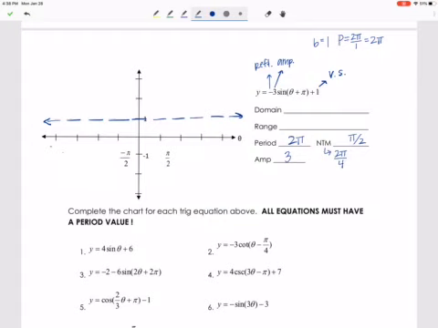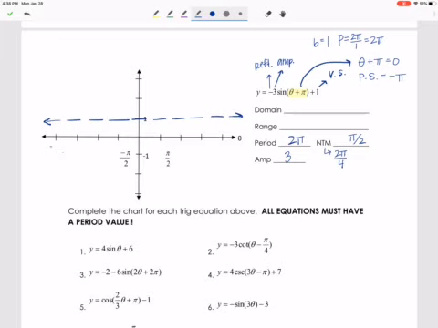But notice in this case we do have a phase shift because we have theta plus something in parentheses. If we set theta plus pi equal to 0 and solve, we would have a phase shift of -pi.